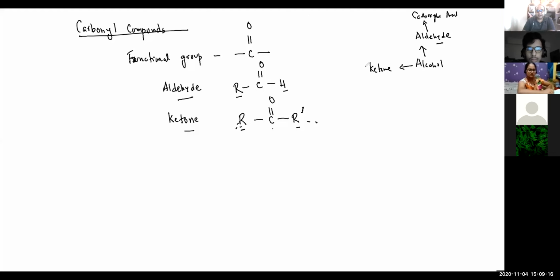Aldehyde or ketone, meaning carbonyl groups, can be converted into nitrile by the addition of cyanide, and then nitrile can be converted into amines.